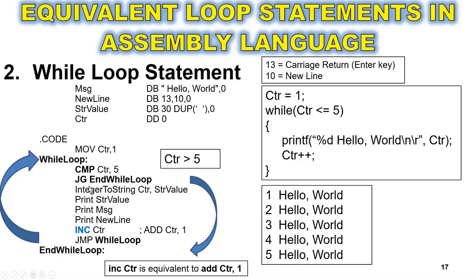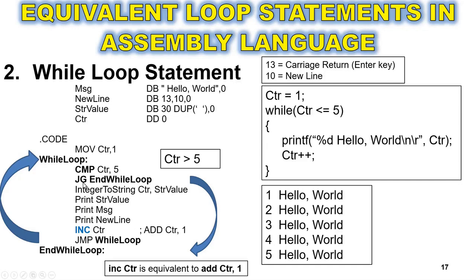By the time that we reach the value of CTR, upon adding a 1 value, it becomes now 6. For example, the present value of CTR now is 5 plus 1, it becomes now 6, and then this JMP while loop will jump to this label while loop, and then again we tell the CPU that we are going to compare the present value of CTR, which is 6, to that 5.